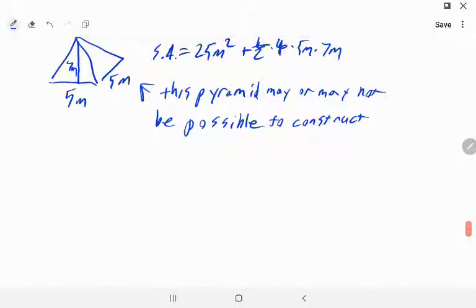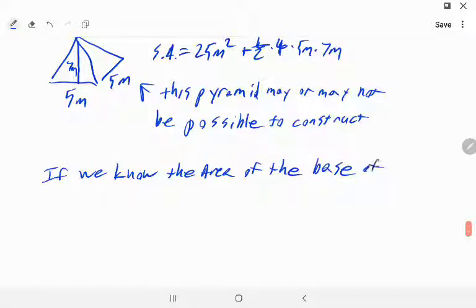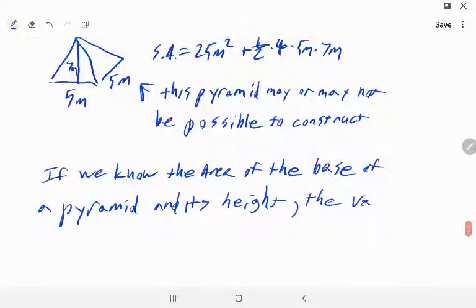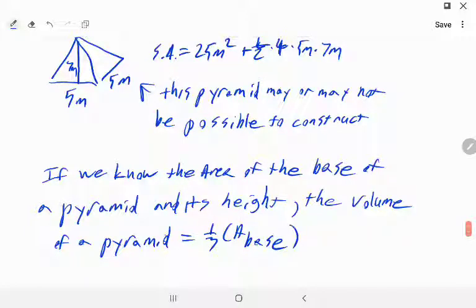Now, as long as we're in this neighborhood, if we know the area of the base of a pyramid and its height, the volume of a pyramid is 1/3 the area of the base times the height.